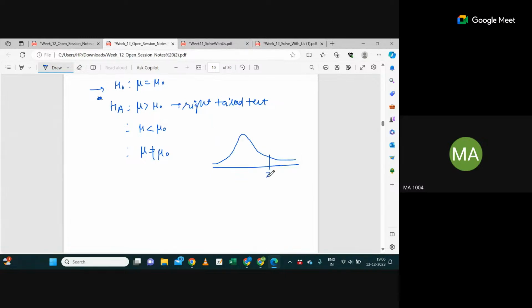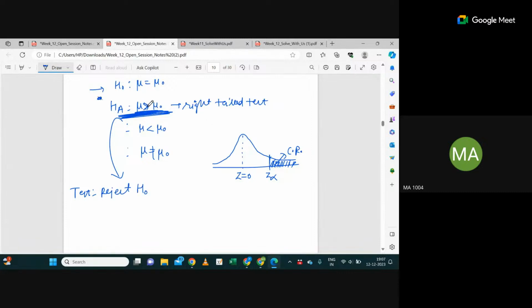So this is basically Z alpha. This is called the critical value. This is Z equal to 0, where Z means standard normal form. In case of a right tail test, if values lie here, greater than this critical value, I will reject. So if your alternative is mu greater than mu naught, that means a right tail test.